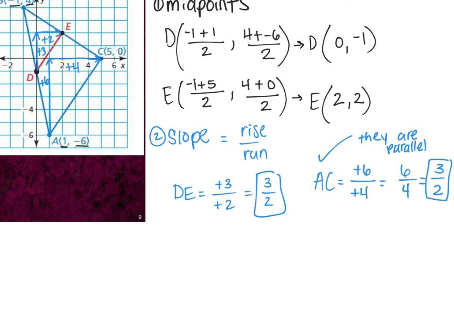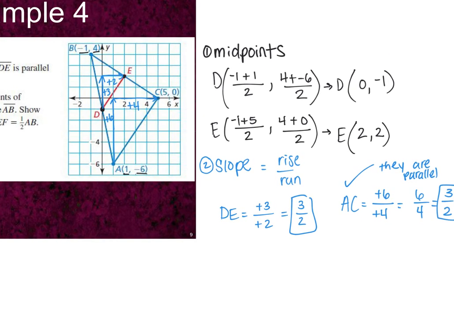So what midsegment will be parallel to AB? Let's say we put the midpoint here and label it F. What segment should be parallel to AB? What do you think? Gabby? FE. Okay?